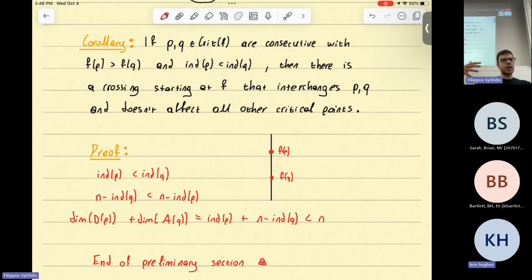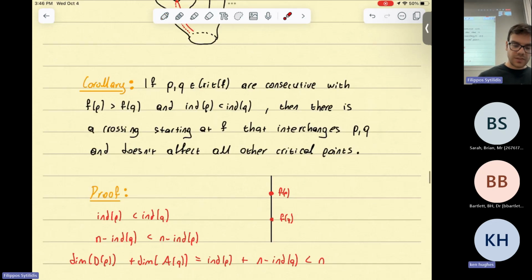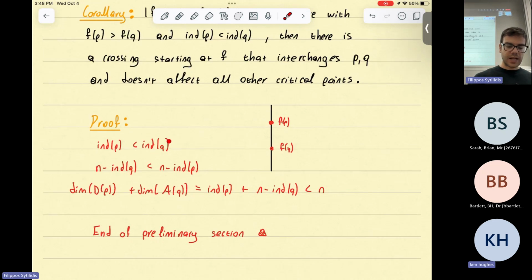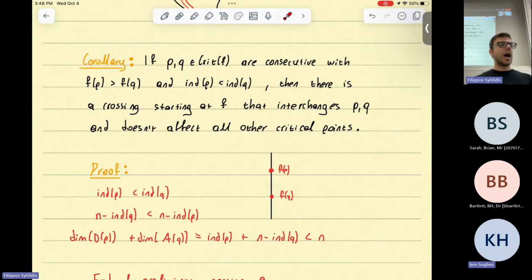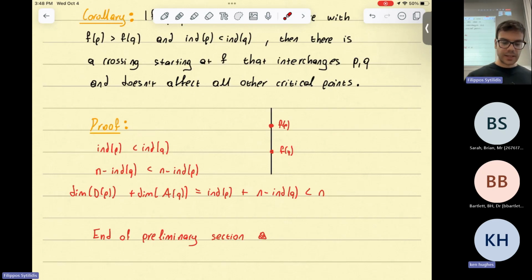So I have two submanifolds whose sum of dimensions is less than the ambient dimension of the manifold. So generically, they're not going to intersect. If you just give me f, I can perturb f a little bit to make it Morse-Smale, and then I would know that precisely because of this condition, I cannot have non-trivial transversal intersection between the corresponding ascending and descending disks.